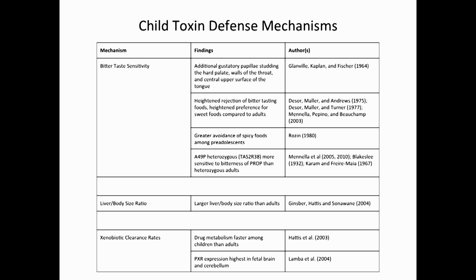Children are more sensitive. They have more acute bitter taste sensitivity. They have a larger liver to body size ratio. The larger your liver is relative to body size, the more quickly you can clear out toxins, because the liver is where all these metabolic enzymes are. And they have faster xenobiotic clearance rates.